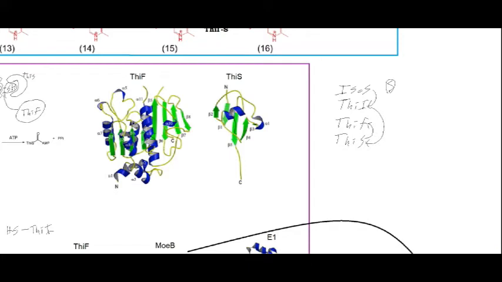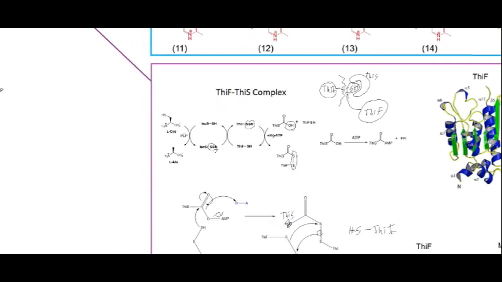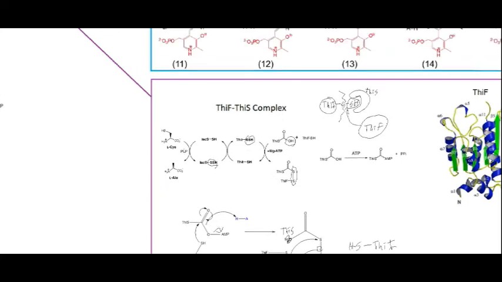And so that's what this right here is also showing: the ISCS took that sulfur off of the cysteine, handed it off to THII, which the THIS bound to, grabbed the sulfur, and then the THIF came and displaced the THII off of it.